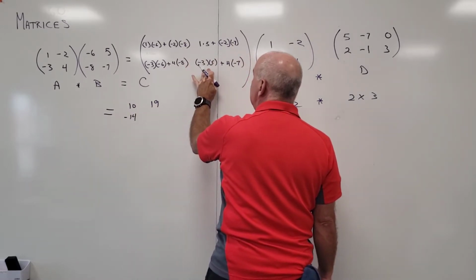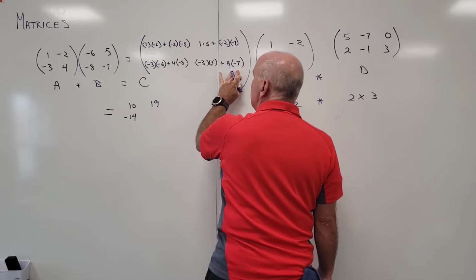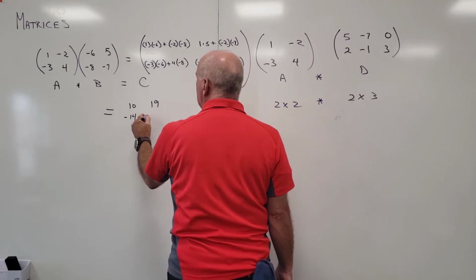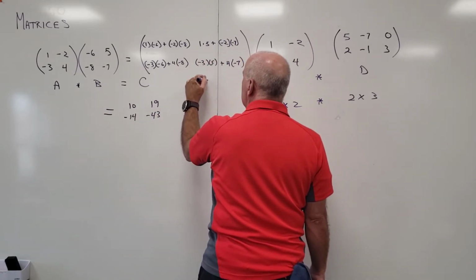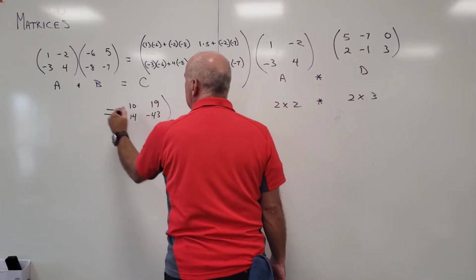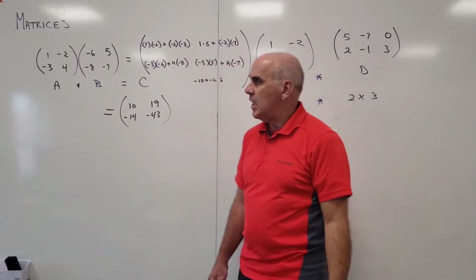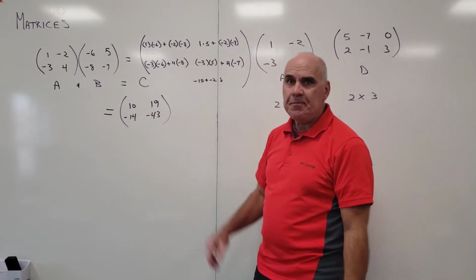And then -15 plus -28, that's 30 and 13, so -43. And so there is A times B.